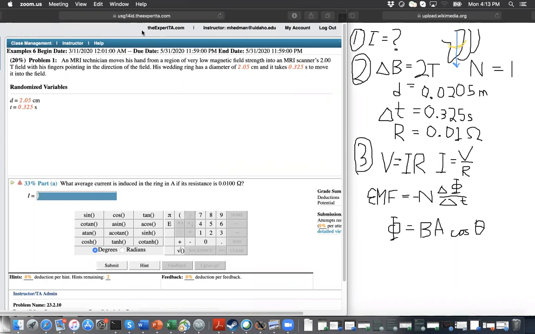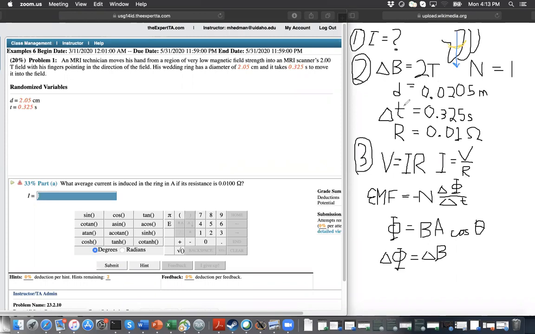So what that means is that in this particular case, going back to proper color, the delta phi we have is the change in the magnetic field, delta B, which we know, times the area of the loop times 1. Well, we know this.